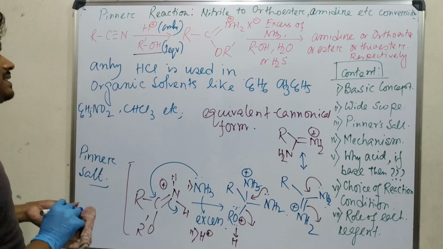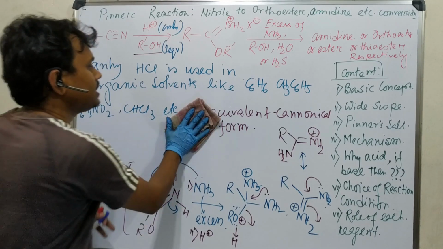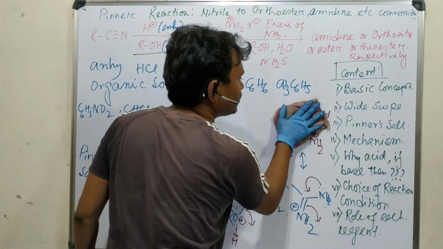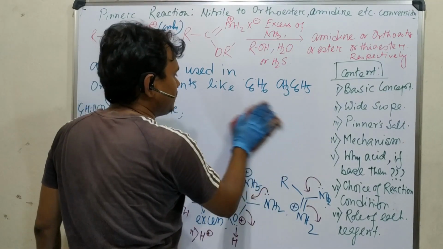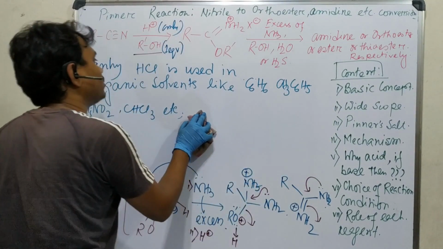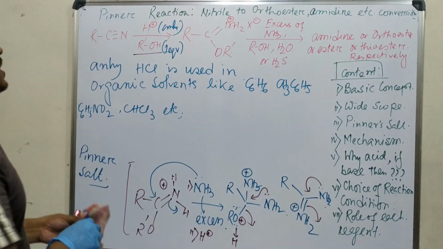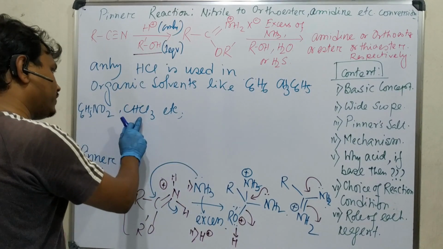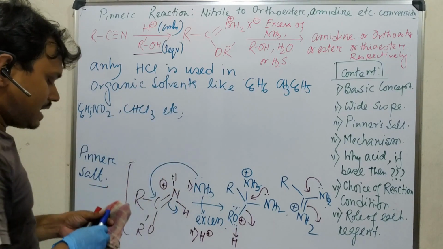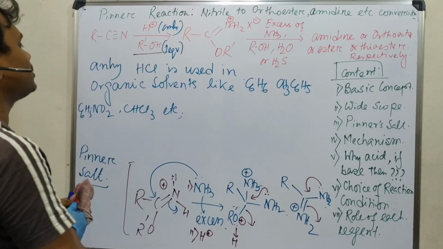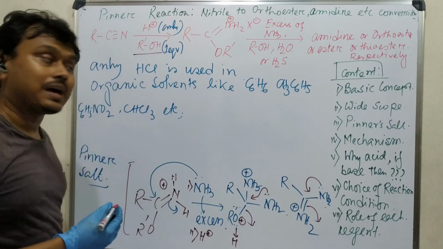Second, since I am saying anhydrous HCl, the question will instantly come: if HCl is anhydrous, then all the solvents are expected to be anhydrous. Yes, solvents are anhydrous, HCl is anhydrous. Then the instant question will come: since I have used alcohol, should the alcohol be anhydrous?